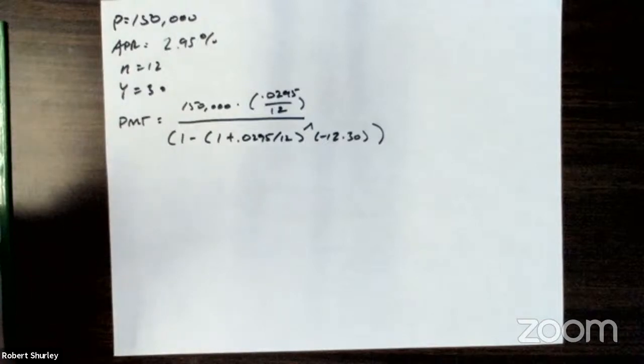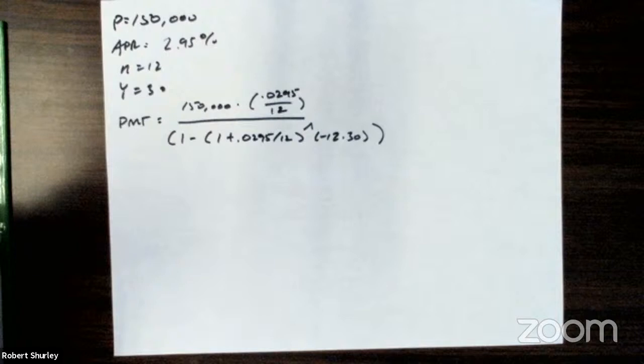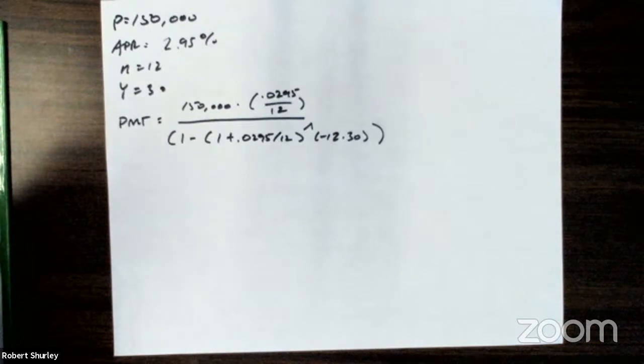Let me pop this in the old calculator. So 150,000 times 0.0295 divided by 12, divided by 1 minus 1 plus 0.0295 divided by 12, raised to the negative 12 times 30.